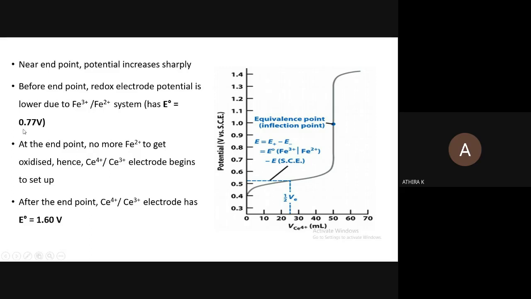Before the endpoint, our electrode potential is 0.77 volt, and after the endpoint, the electrode potential is 1.6 volt. That is why there is a sharp increase at the endpoint of the reaction.